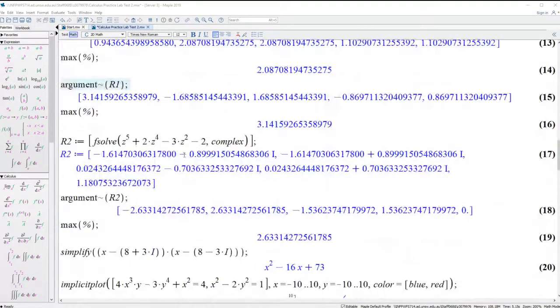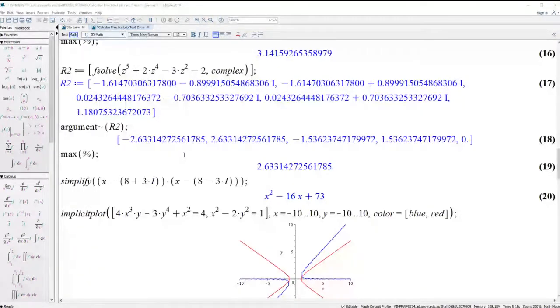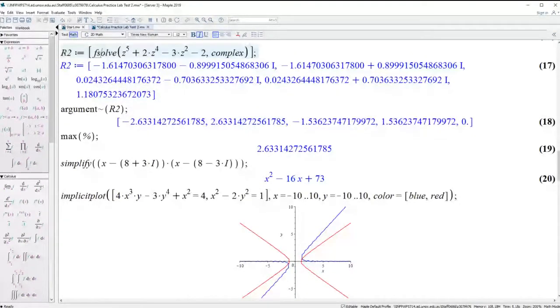All right, so here is R2. Okay, so R2 is going to be a list, and you're looking at the solution to this polynomial equals 0, including the possibility of complex valued roots or solutions.